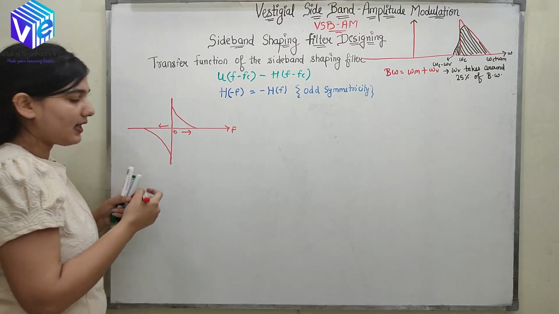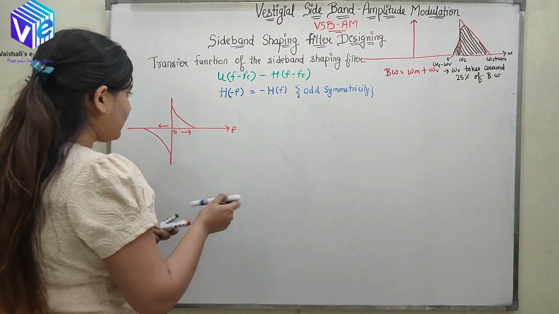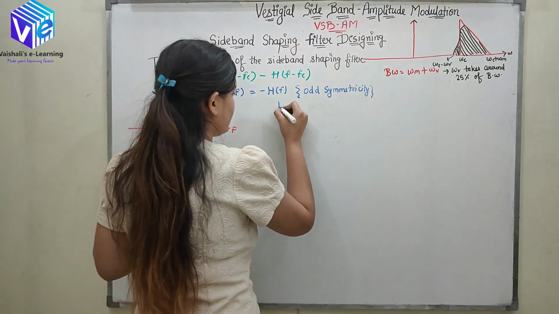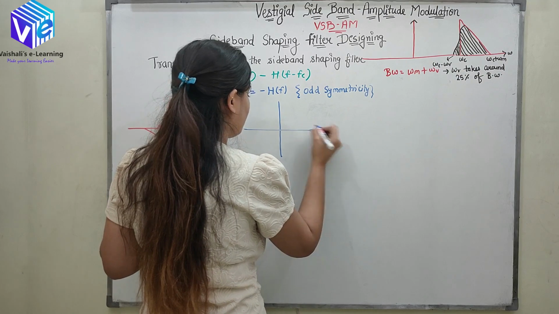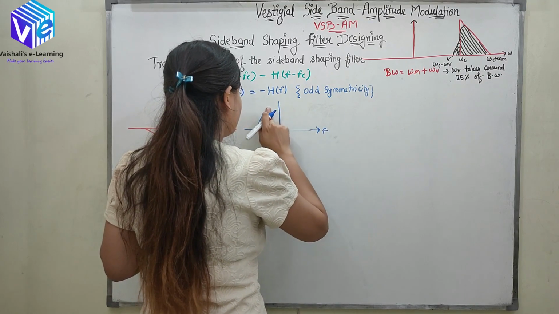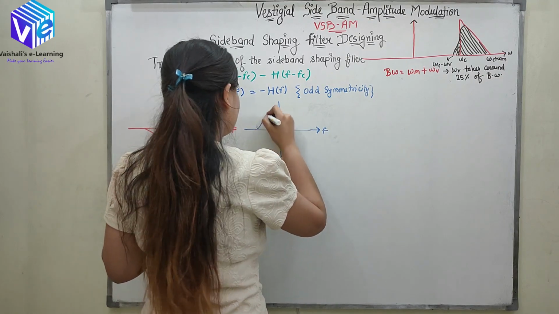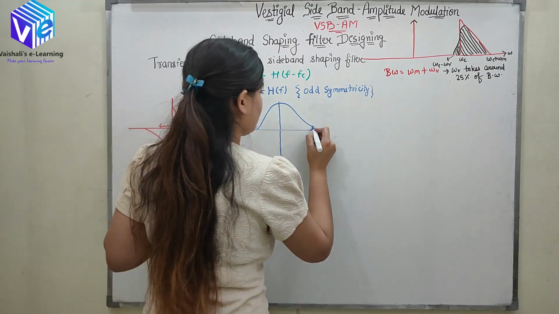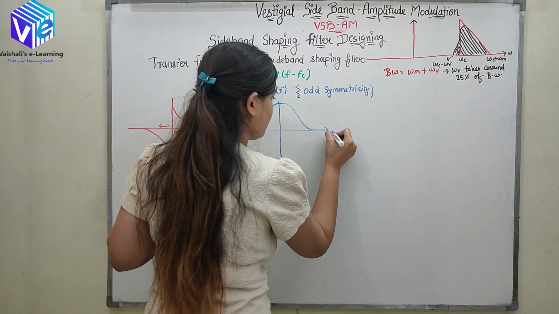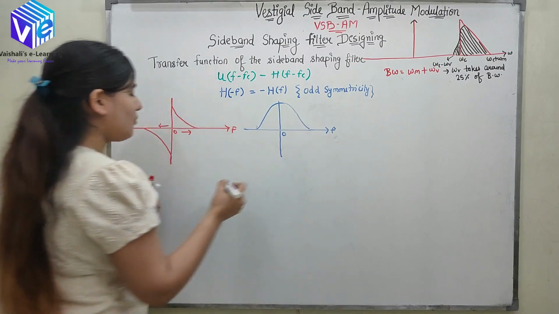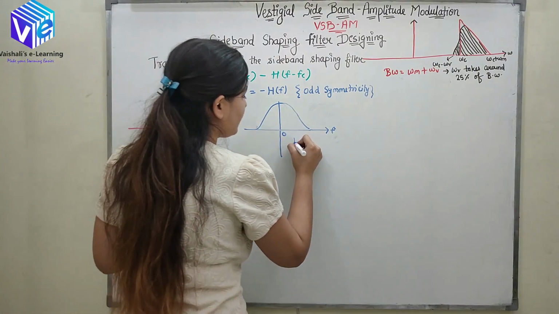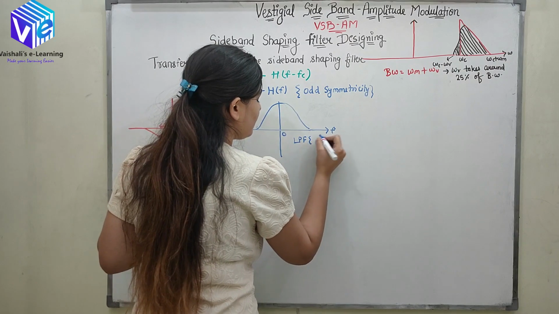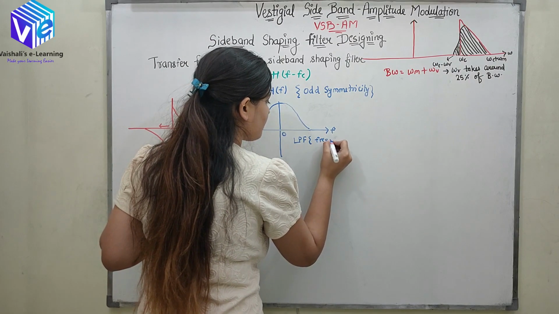So this is like the low pass filter with the odd symmetricity. So if I draw the low pass filter, the low pass filter is represented like this. So now what I did, I just made this low pass filter. So this was the low pass filter frequency spectrum.